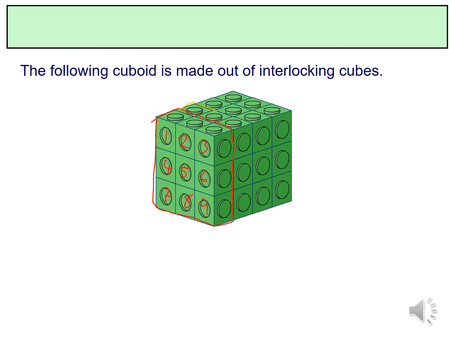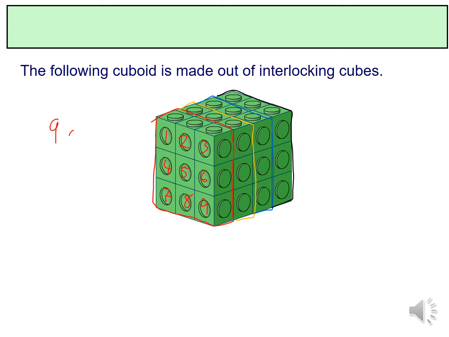Next we have another section over here which also has 9, and then we also have another area here which also fits 9 of the smaller cubes, and finally we have this area over here which also fits 9. So I'm going to calculate on the left hand side the total.